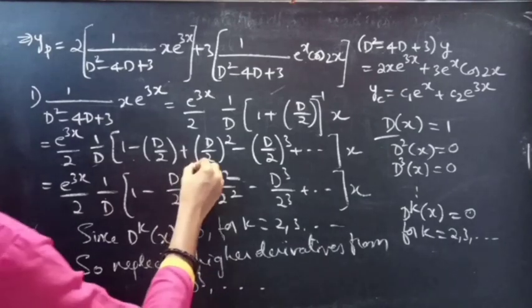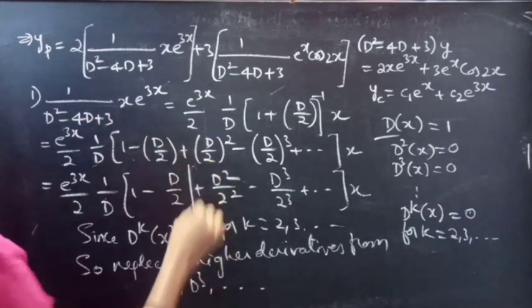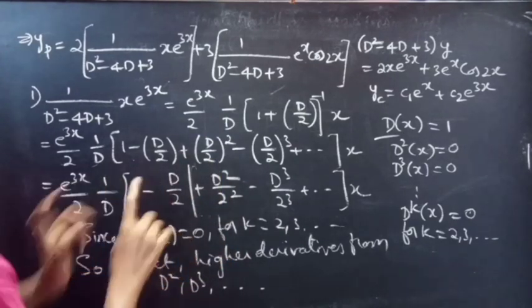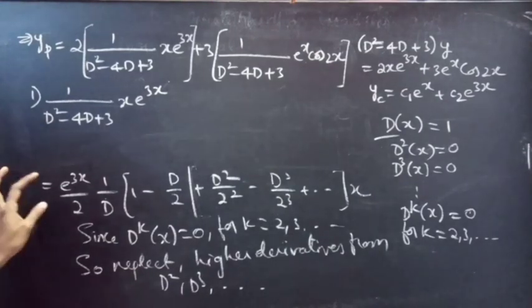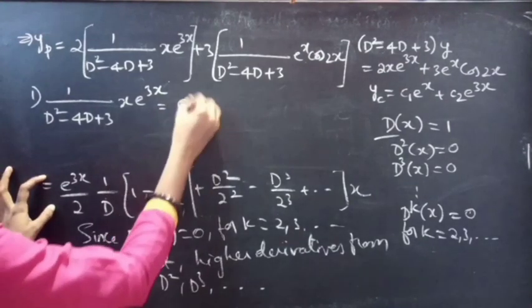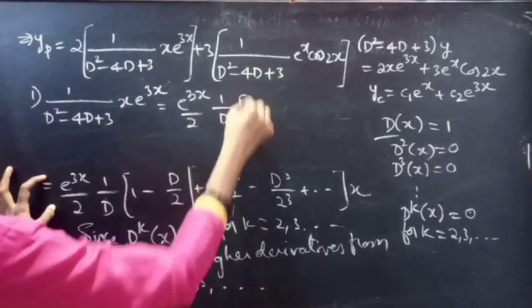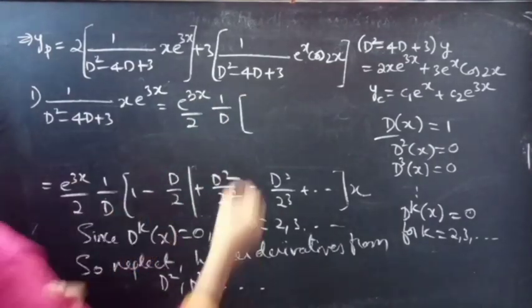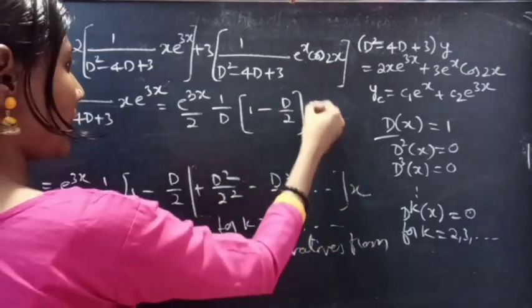So we are going to neglect all the terms from here, okay? And we'll have only the first two terms. Then this becomes e power 3x by 2 into 1 by d into 1 minus d by 2 into x.